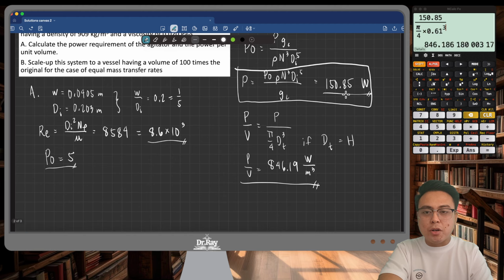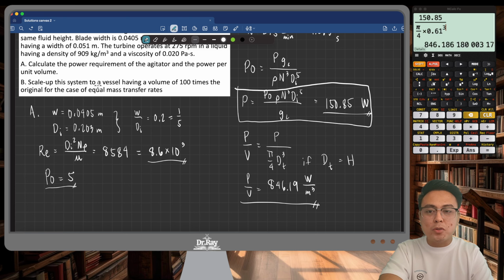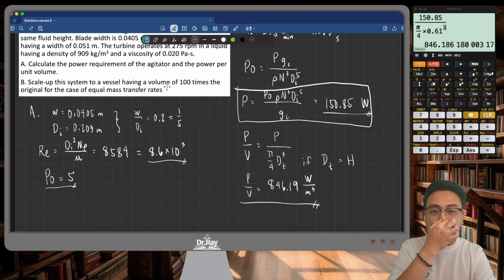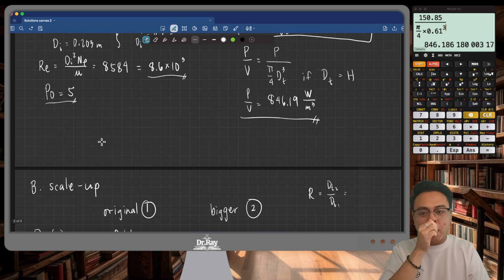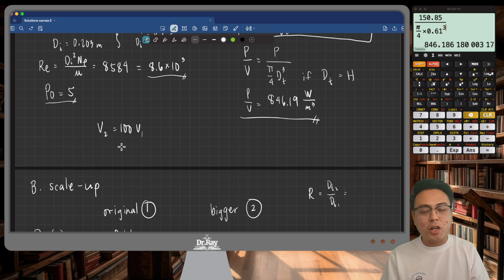Okay, it says here that we want to scale up the system to a vessel having a volume 100 times the original for the case of equal mass transfer rates. So when we say that the new volume is 100 times the original, this is what we are talking about, right? V2 is equal to 100 V1. The ratio V2 over V1 obviously is 100, and the ratio R is V2 over V1 raised to 1/3.